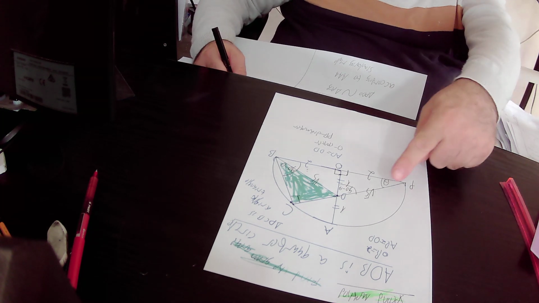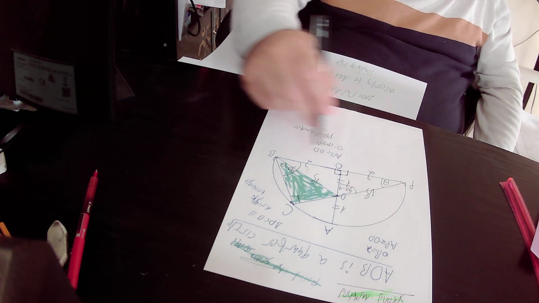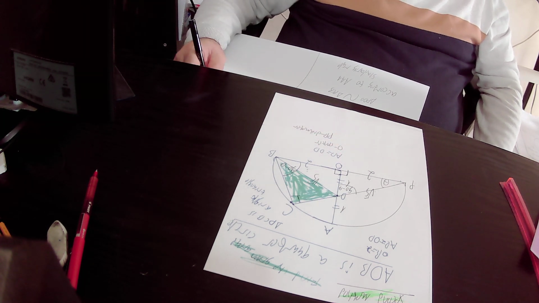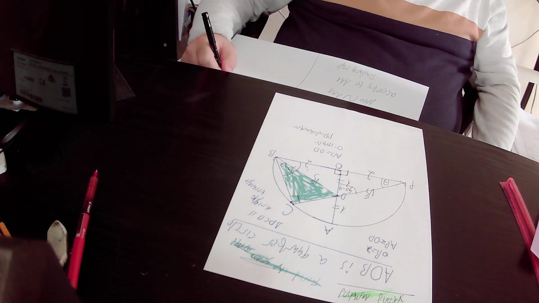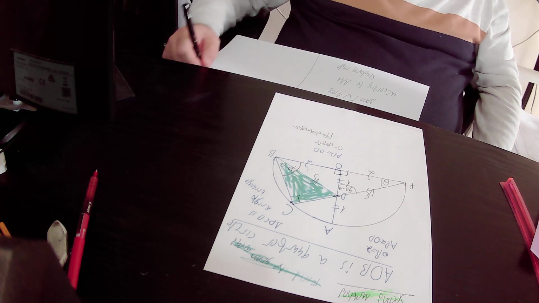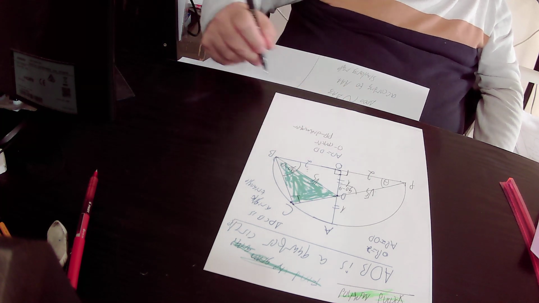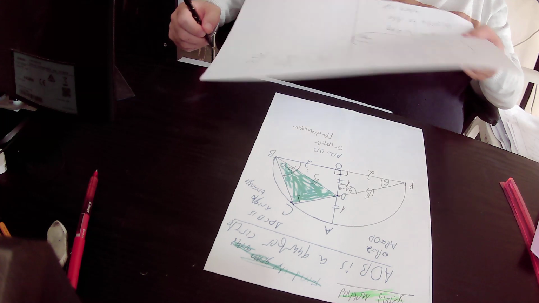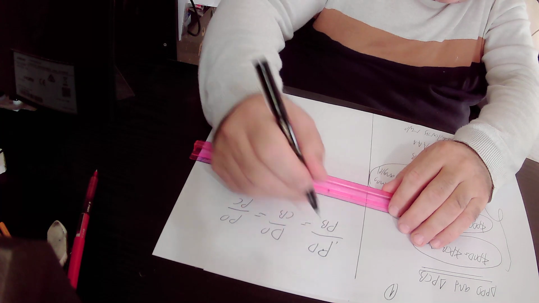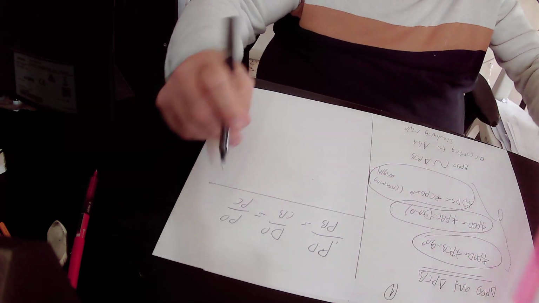We conclude that PD over PB equals DO over CB, and it also equals PO over PC.